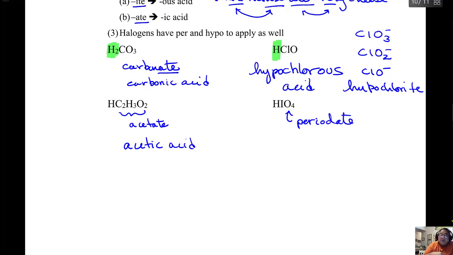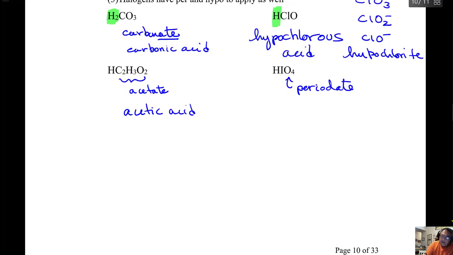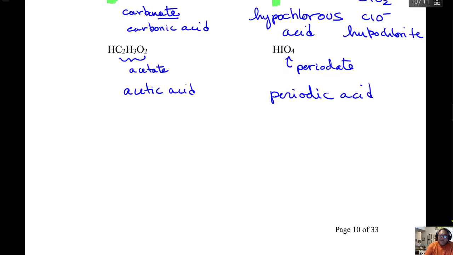So now it's hydrogen periodate as a molecular compound, but as an acid, what we're going to do is take the ate and change it into ic, and so this becomes periodic acid. And oddly enough, it looks like periodic acid, unfortunately, but anyways, it's kind of funny. That's why I did it. So this is periodic acid, not periodic acid.